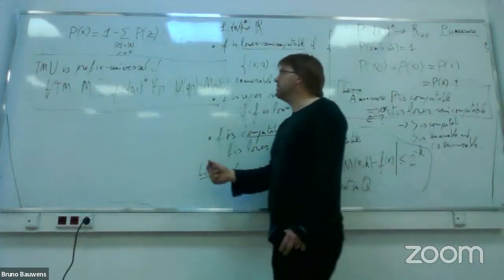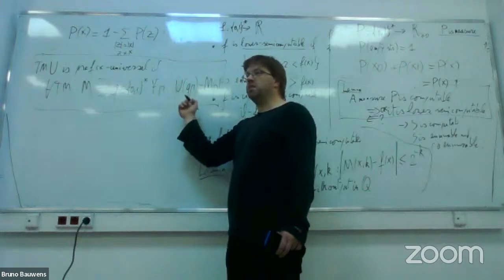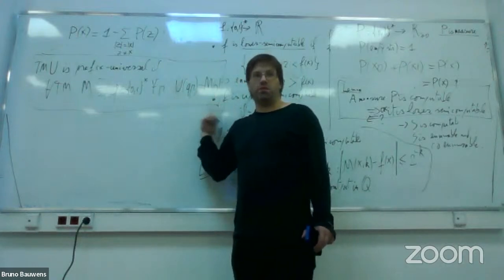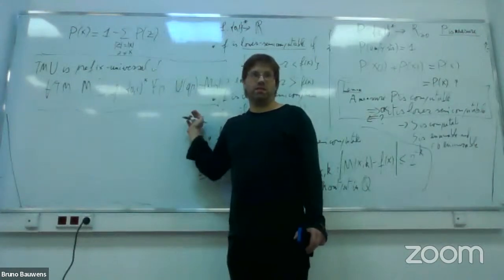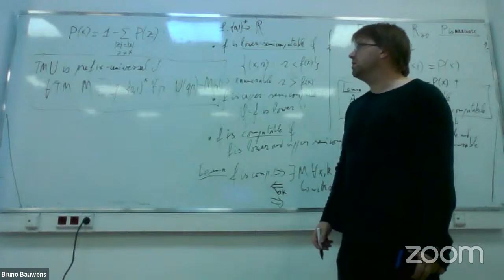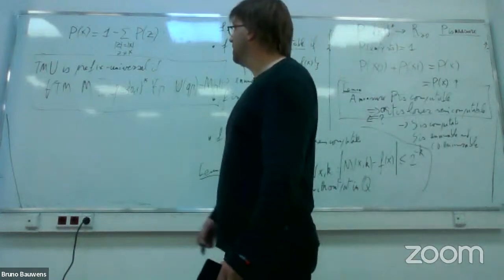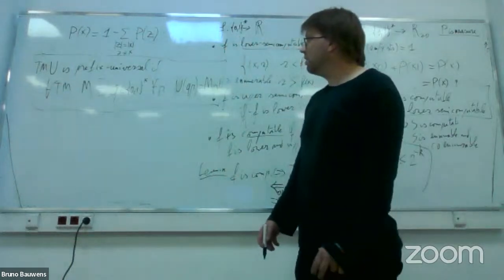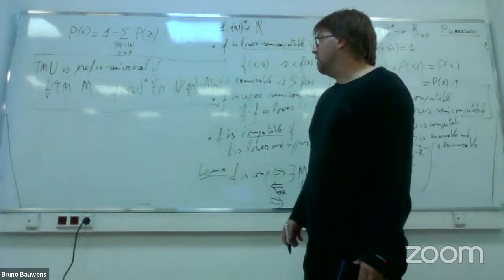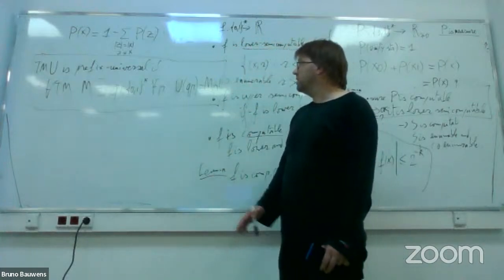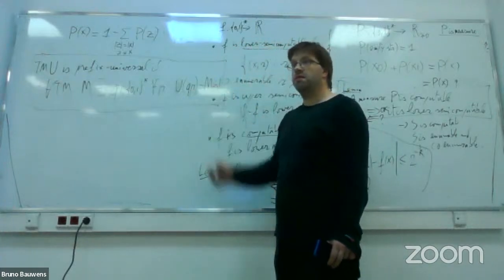The standard definition of a universal machine has two arguments, but in the course we always need to concatenate them. So I changed the definition a little bit. Okay, so this is a prefix universal machine. And this is important because we will be able to simulate all machines.